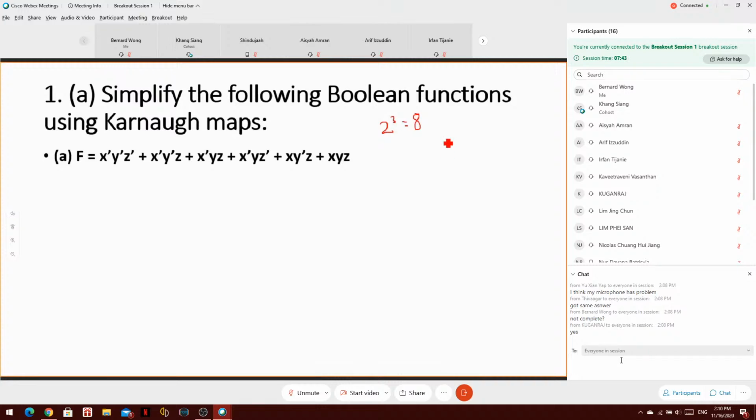So in that case, you actually have to draw 8 boxes for your Karnaugh map. It will be something like this. Important thing is that it depends on how you draw.